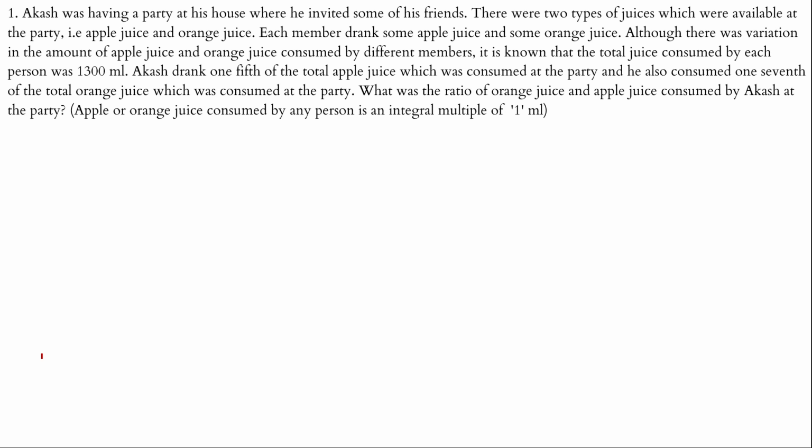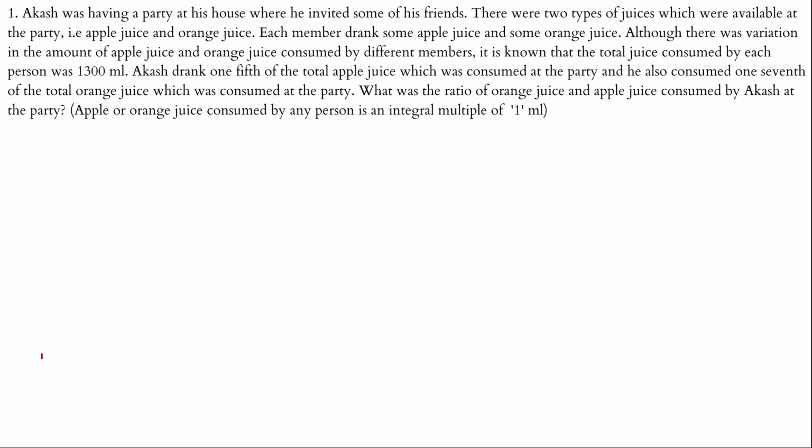Akash was having a party at his house where he invited some of his friends. There were two types of juices available at the party, apple juice and orange juice. Each member drank some apple juice and some orange juice. Although there was variation in the amounts consumed by different members, it is known that the total juice consumed by each person was 1300 ml.